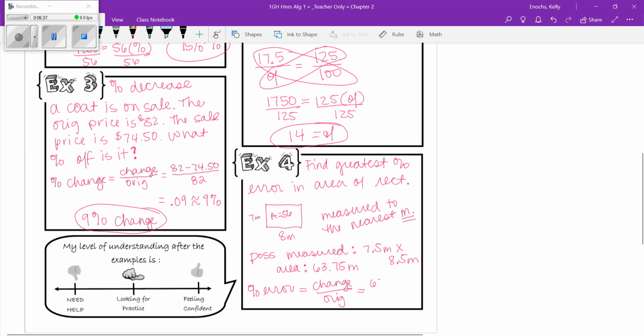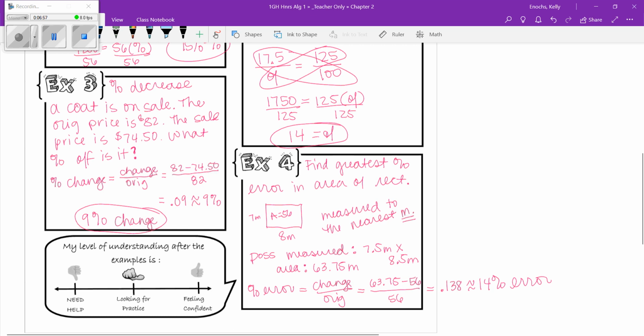So we could have been up to 63.75 and our original was 56. Divide that by 56 and you get about 0.138 or 14% error. So you could have been off up to 14%.